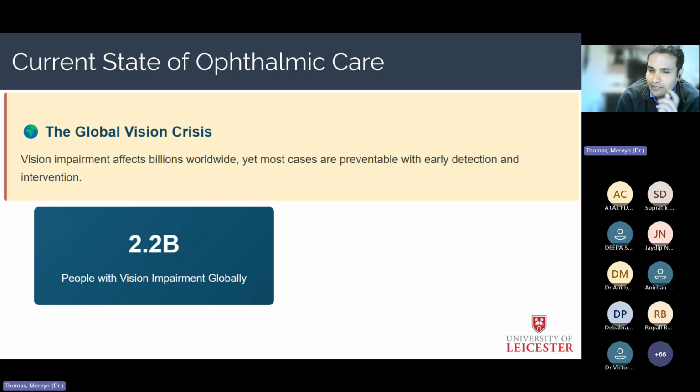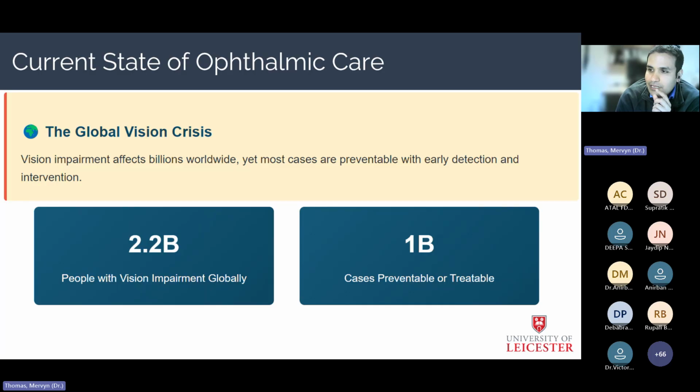But here's the tragedy of this, and that is actually at least 1 billion of those cases were preventable or treatable, which means that that's nearly half. We have the medical knowledge to prevent this blindness, but we lack the workforce and infrastructure to deliver the care globally. Now, to put these things into perspective, that's roughly 1 in 4 people on the earth with vision problems.